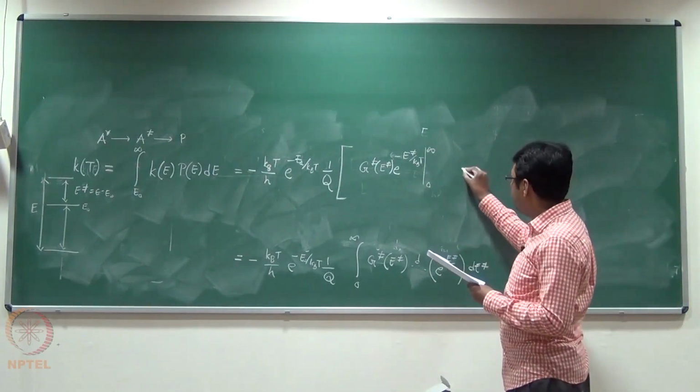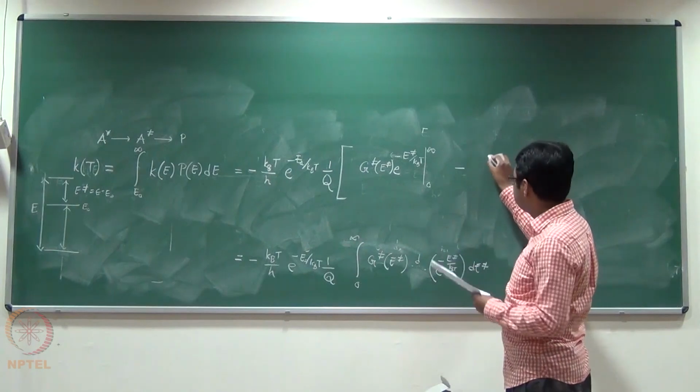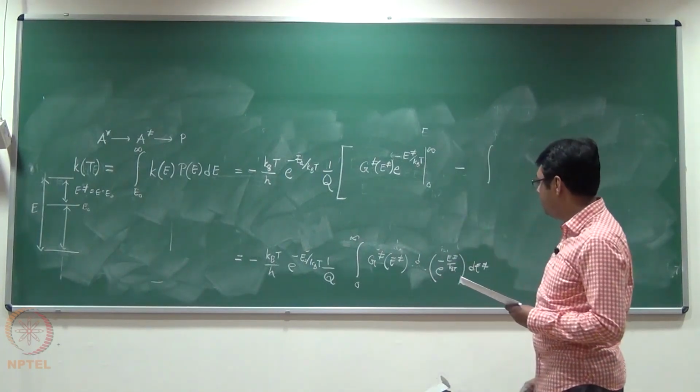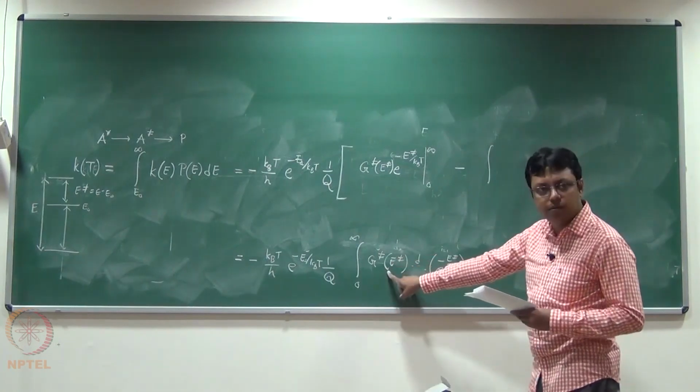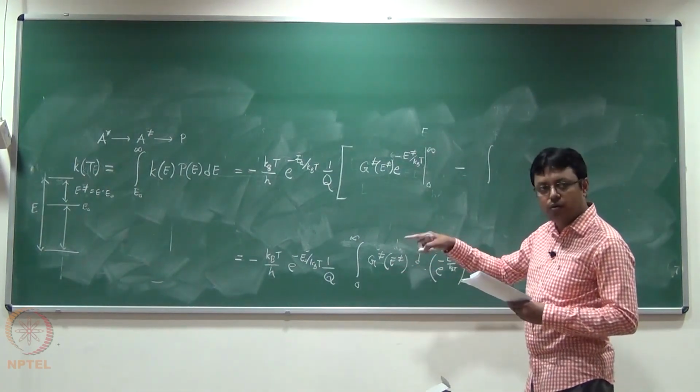And then what I have is minus integral. Now I have to take the derivative of this, right? And then the total integral.